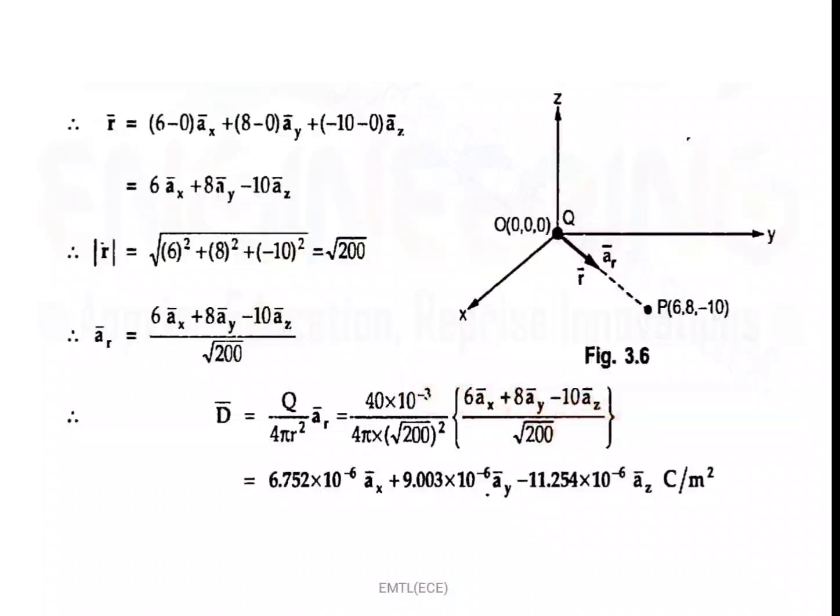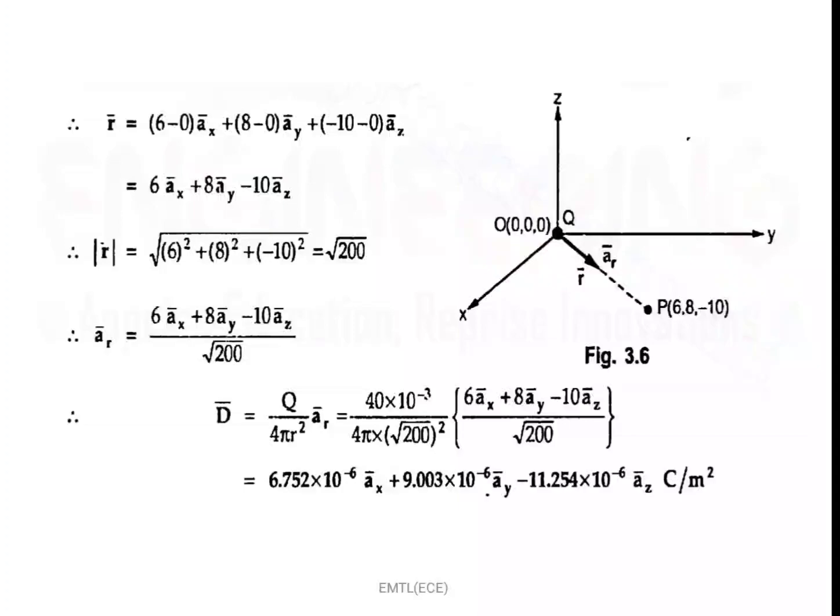By calculating all these values, finally the electric flux density at the point P is 6.752 into 10 power minus 6 AX bar plus 9.003 into 10 power minus 6 AY bar minus 11.254 into 10 power minus 6 AZ bar coulomb per meter square. This is the solution for the first problem, and there are two more.